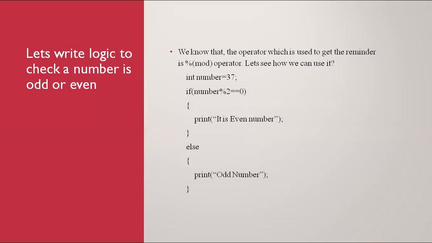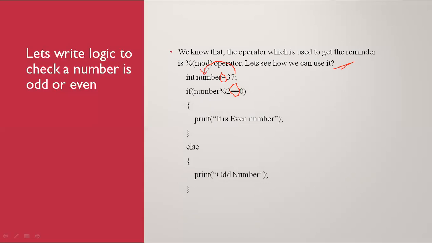Let's see how we can use it. We have used integer number equals 37 here, and if number mod 2 double equals 0, double equals is for checking equivalence. You cannot use single equals, unlike in mathematics. The single equals is for assignment. This single equals is the assignment operator, where whatever value you see on the right hand side gets assigned to the left hand side.